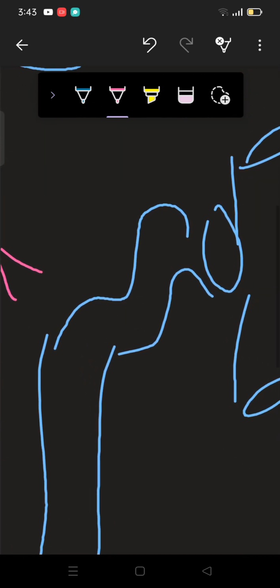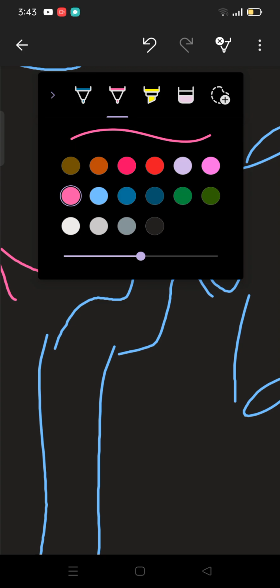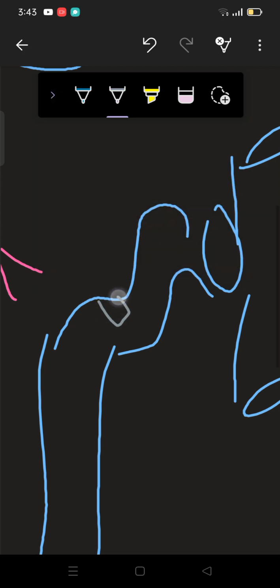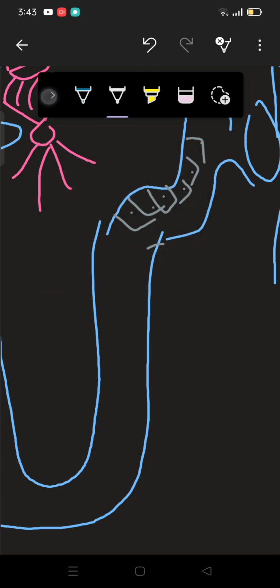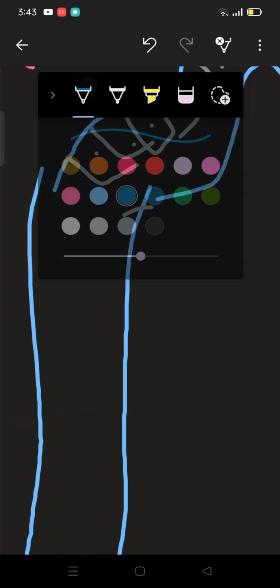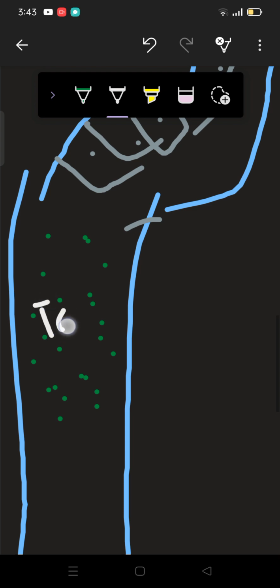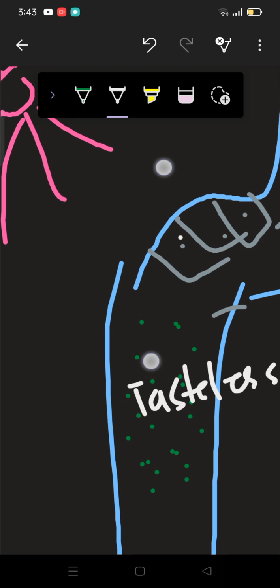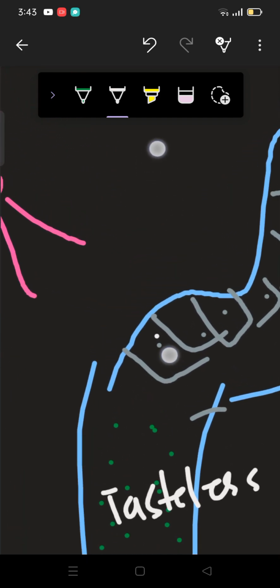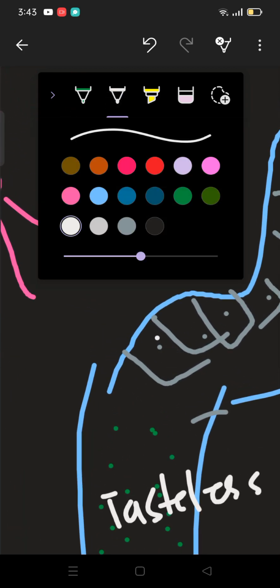So here, as I told you, macula densa cells are the cells which have ability to test this fluid, and now that fluid was testless.